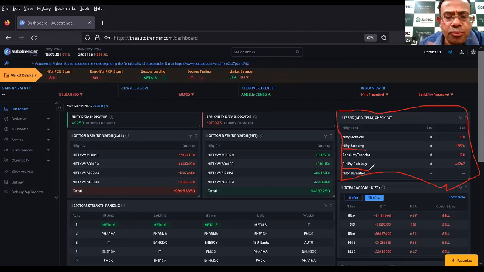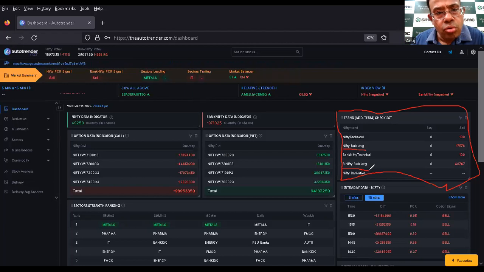For a very large part it remained above 17,000, but later on, due to certain pressure, it went down. And Bank Nifty, even though it managed to stay above 39,000, is also some kind of a weak market.